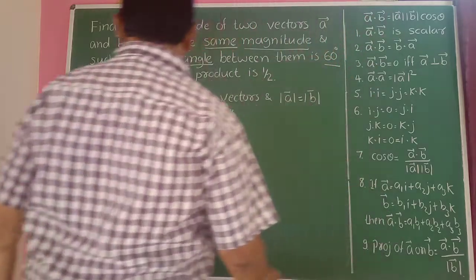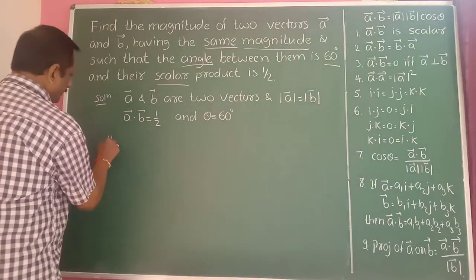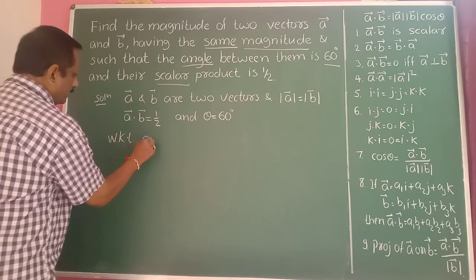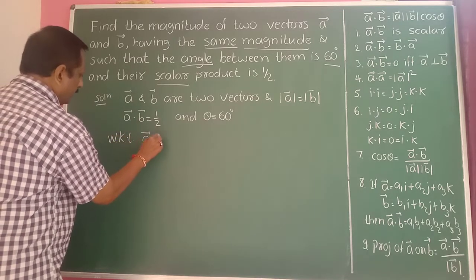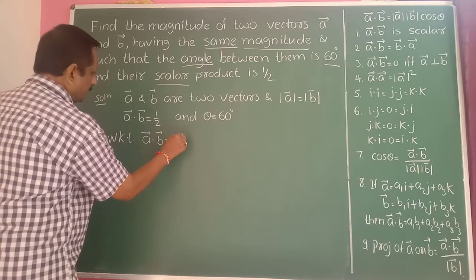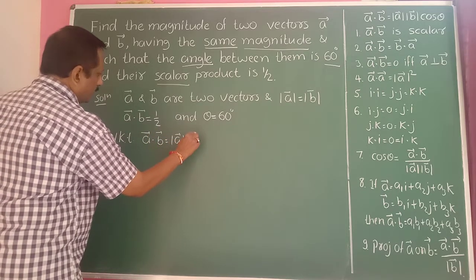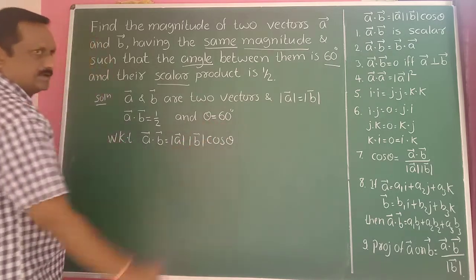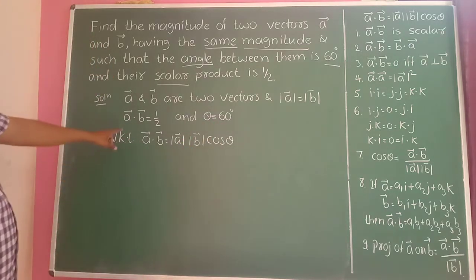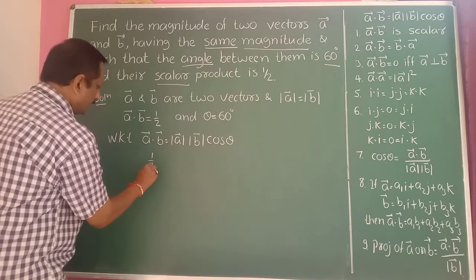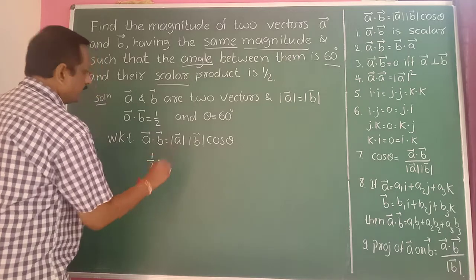So we know that A bar dot B bar is equal to modulus of A bar into modulus of B bar into cos of theta. Here the A bar dot B bar value is 1 upon 2, so write 1 upon 2 here.